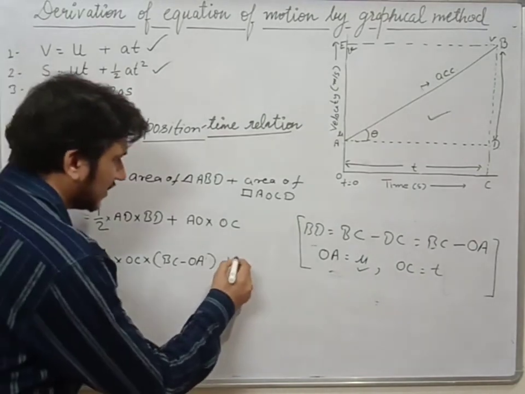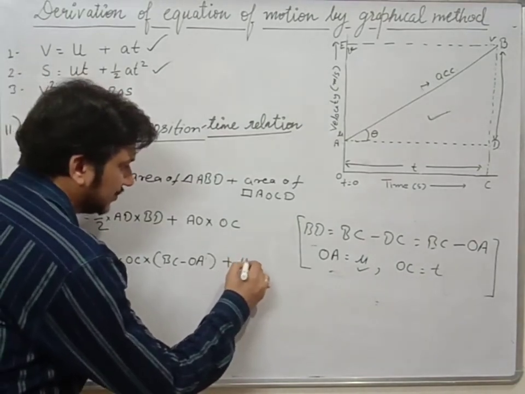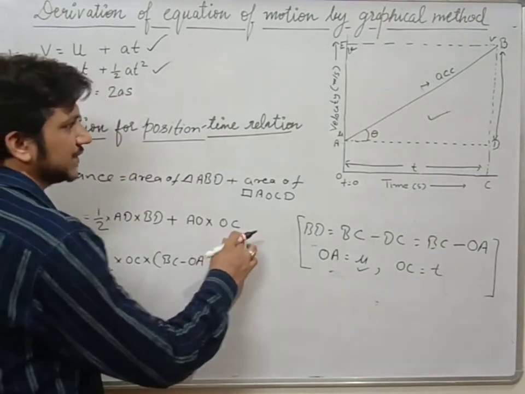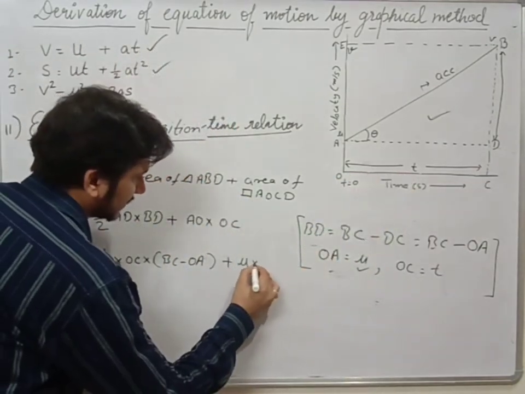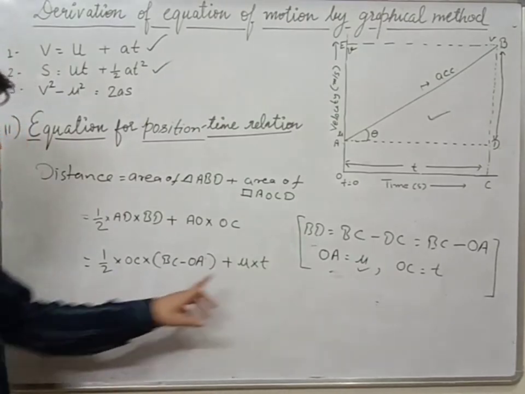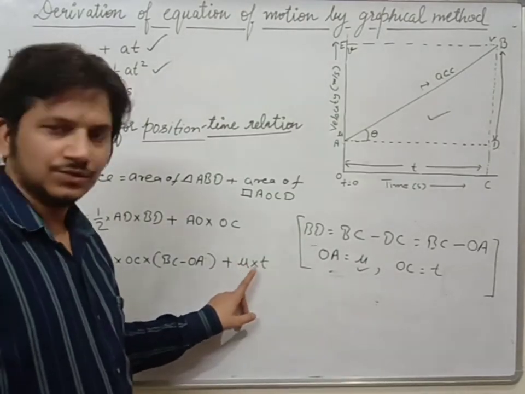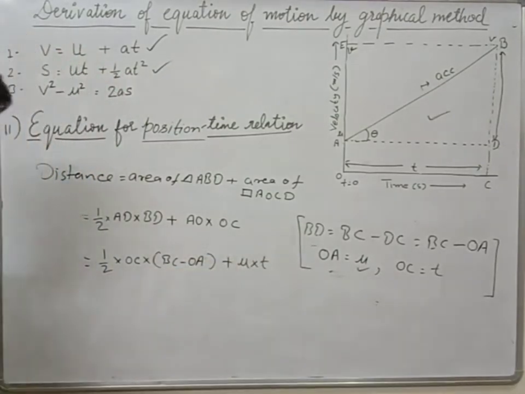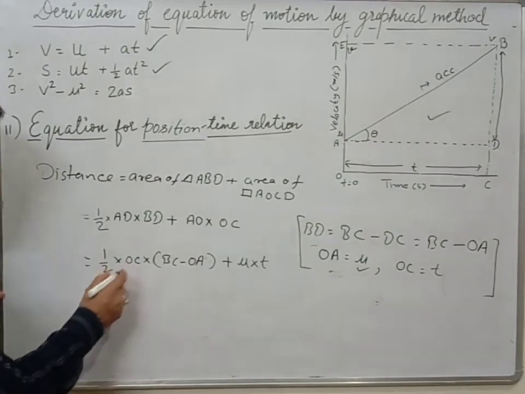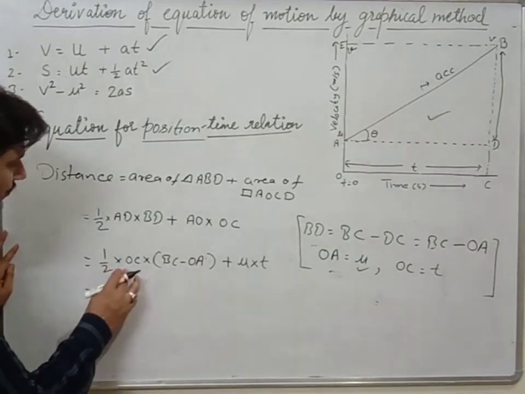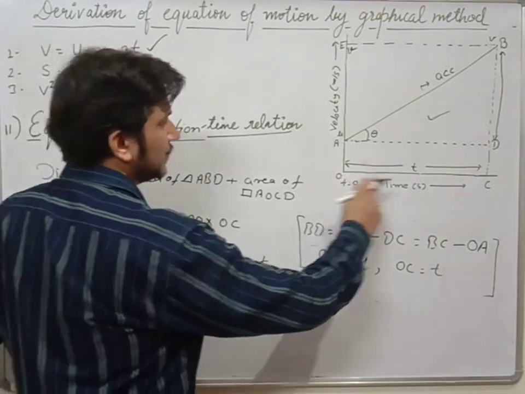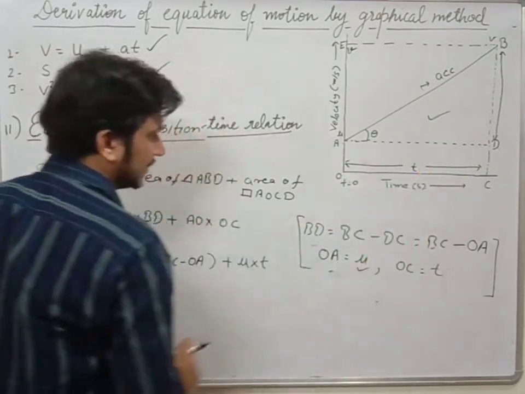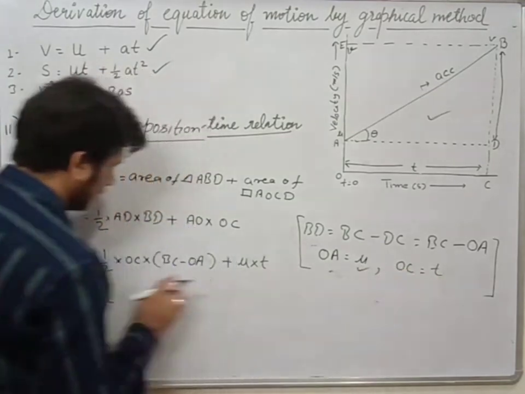So AO equals U, times OC equals time t, so U into t. Then again we put the value of OC, which equals t.